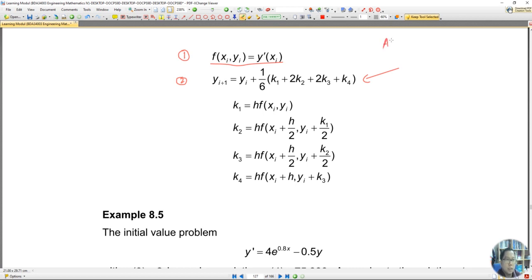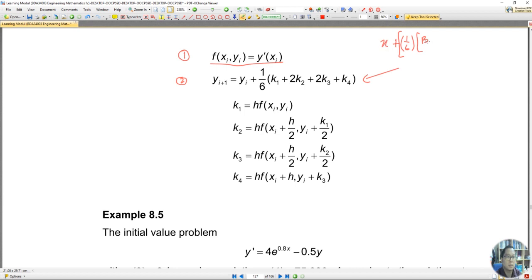So A, plus K1 over 6, multiply by A plus... something like this. This one maybe B, and this one maybe X.